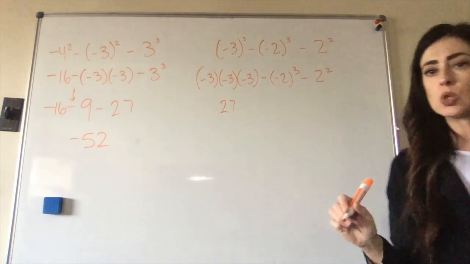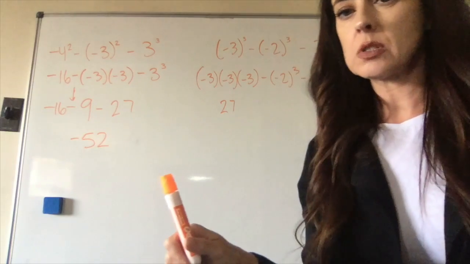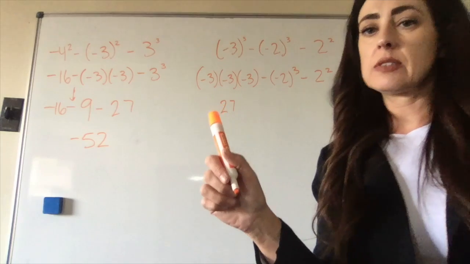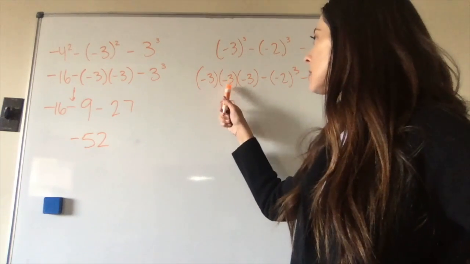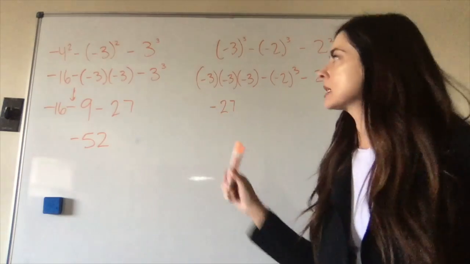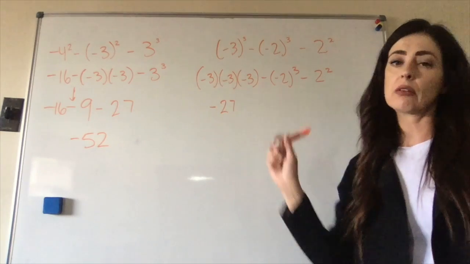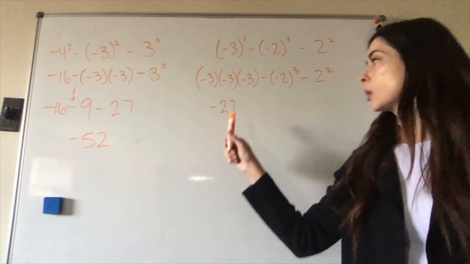Remember, when multiplying by negatives, if it's an even number of negative symbols, the answer is positive. If it's an odd number, it's negative. So negative 3 times negative 3 times negative 3 gives us negative 27 because there's 1, 2, 3. Or you could say negative 3 times negative 3 is positive 9, and positive 9 times negative 3 is negative 27.